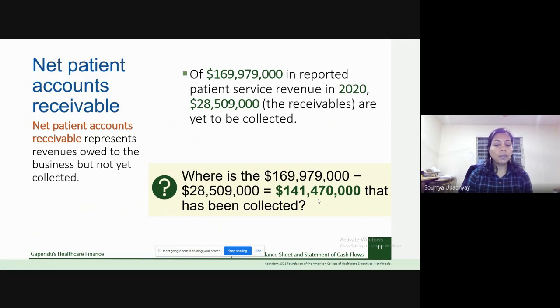Do you think they are a part of the operating income? Yes, they are a part of the operating income because they have been collected, and that is the income that you have generated.